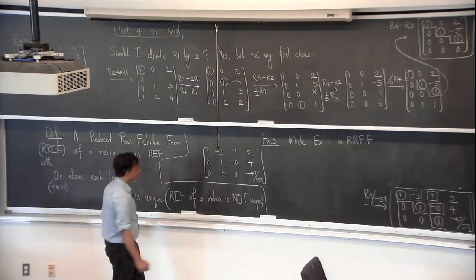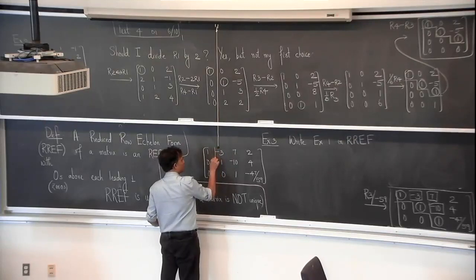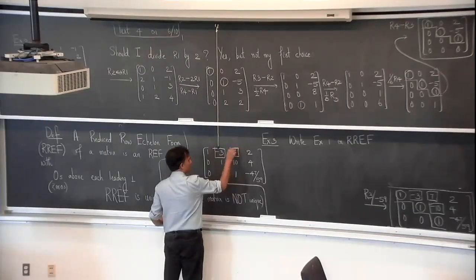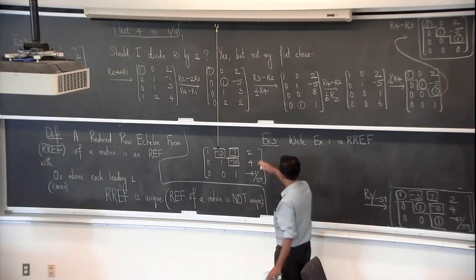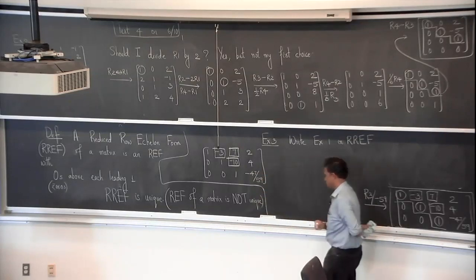Okay. So we need to have 0 here, 0 here, and 0 here. The only unpleasant part about this set of calculation would be to deal with this nasty stuff.